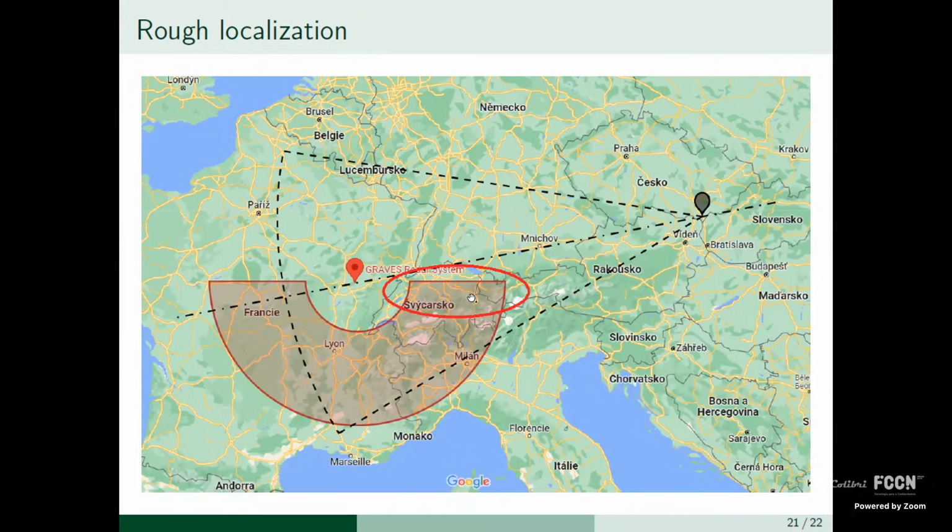So I was probably receiving the strongest signal from this area, since the transmitter is here. And if you would like to locate it more precisely, like precisely this point or anywhere, you would need many antennas.